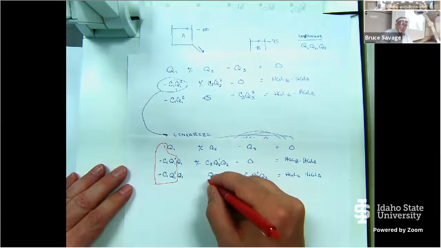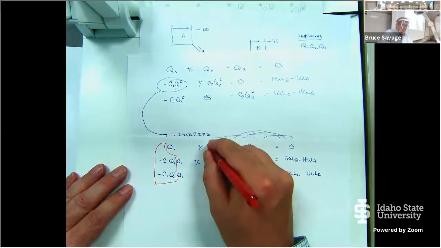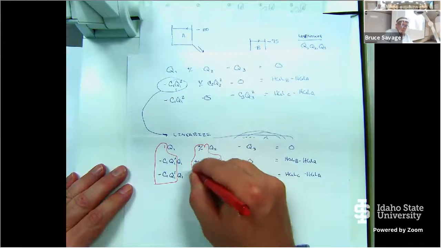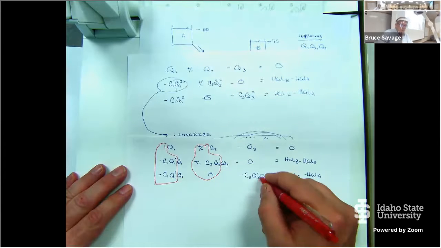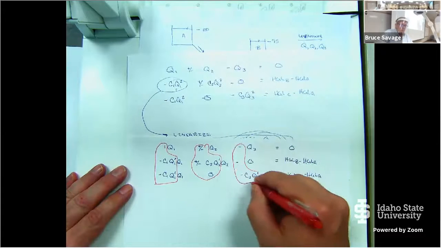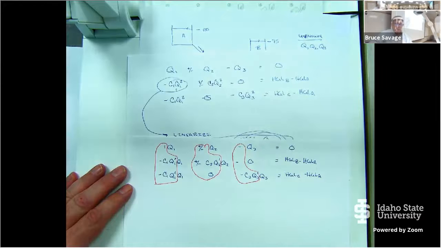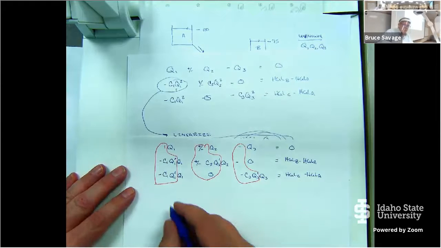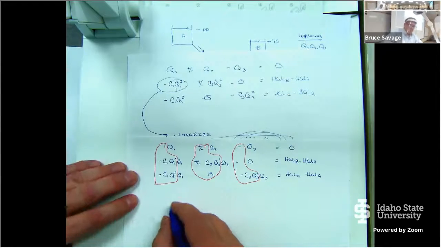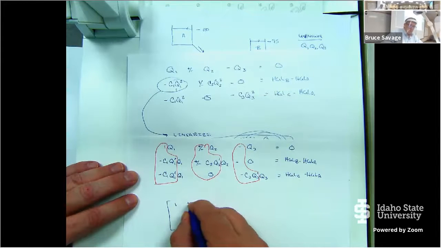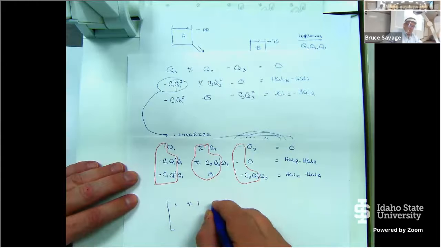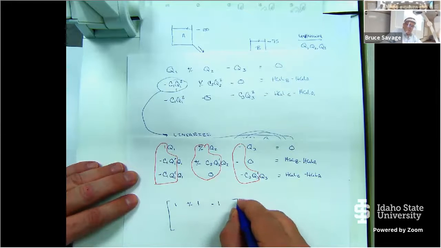And the coefficient out in front of this one is also 1. Include the signs there. So I could rewrite this into my matrix form of 1 plus or minus 1 minus 1.